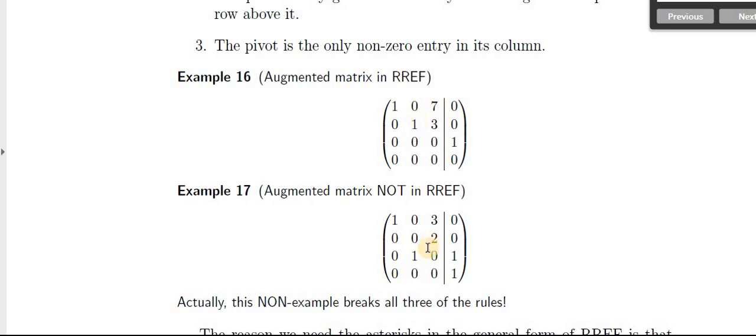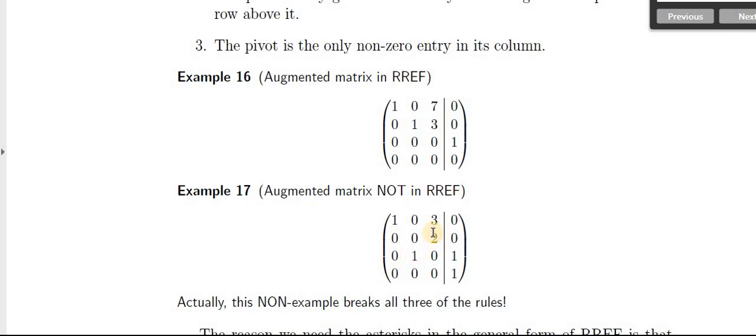This is not reduced row echelon form. Why is that? Well, this pivot is fine. First non-zero entry is a 1, and all other entries are 0. Then if we go over here in the next row, the first non-zero entry should be a 1, and that's not true. Also, this non-zero entry is to the right of this one.